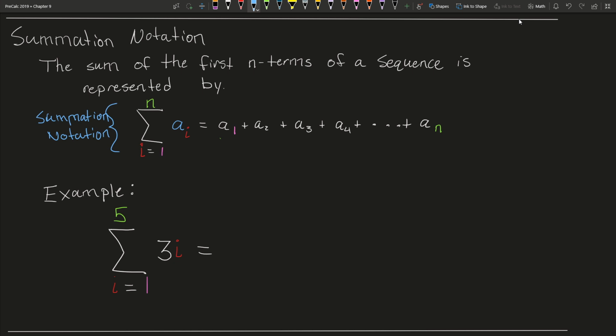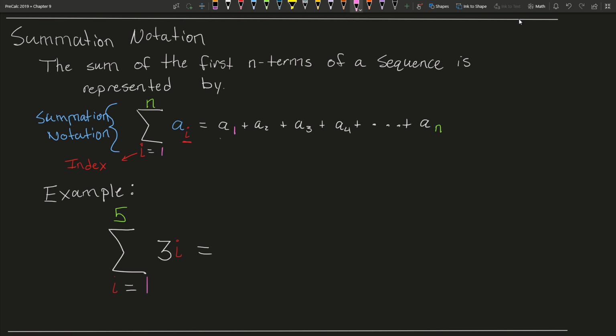Then there are different pieces that we need to know. This i in red is called your index. All this really is, is a variable, and it will always match up with the thing you see inside the sum. That variable can be anything. You can see x, you can see k, sometimes it's n. It just depends, but it's going to match up with your variable on the inside.